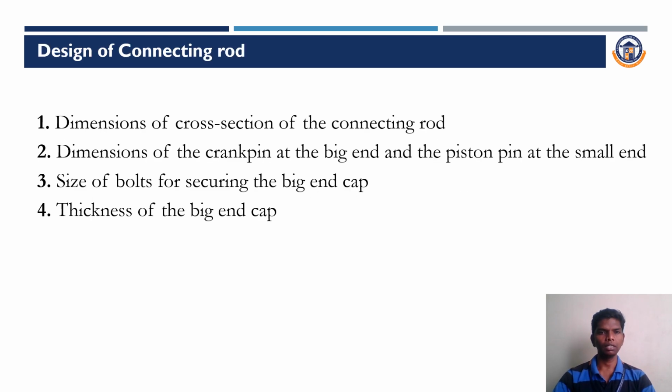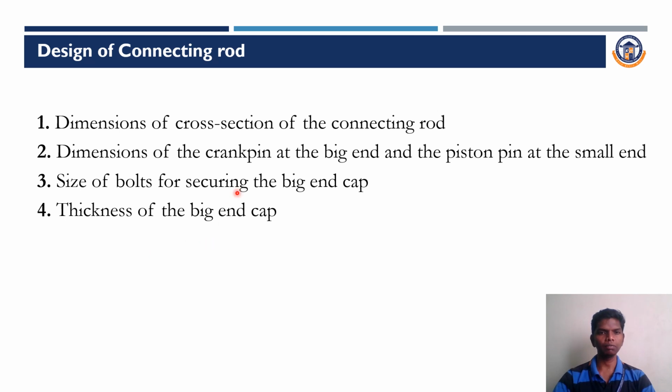And next, the design of a connecting rod. This is the main topic of this unit. First, the dimensions: the dimensions of the cross section of the connecting rod, the dimensions of the crank pin at the big end and the piston pin at the small end, the size of the bolts for securing the big end cap, and the thickness of the big end cap.